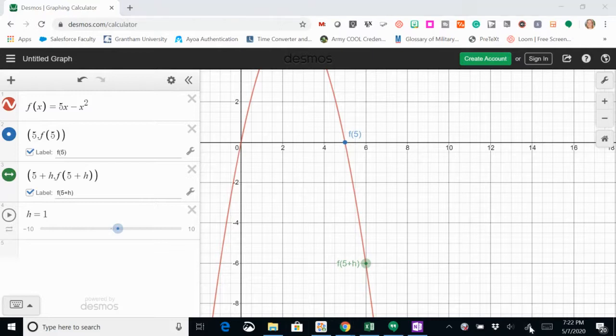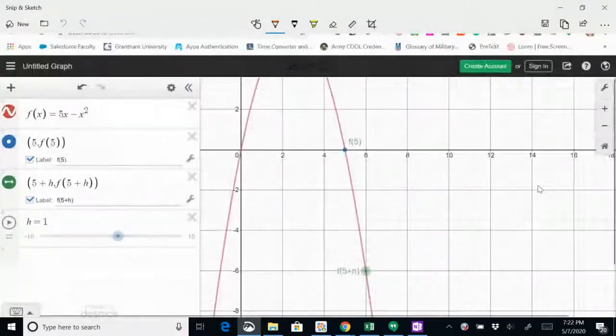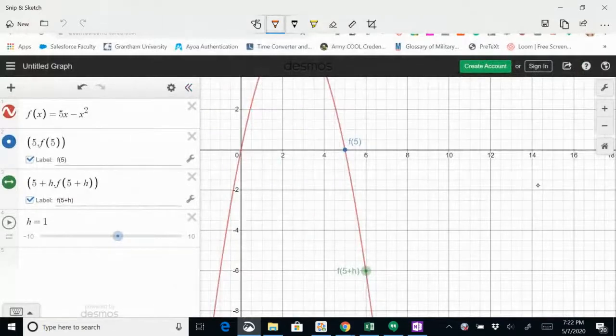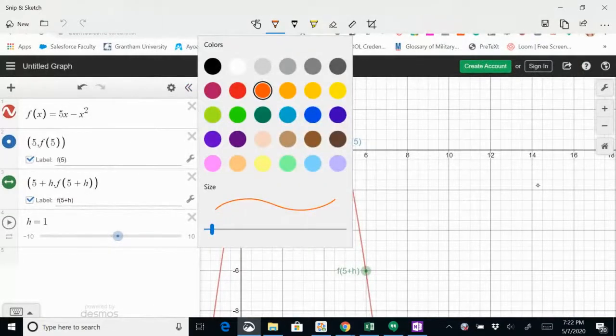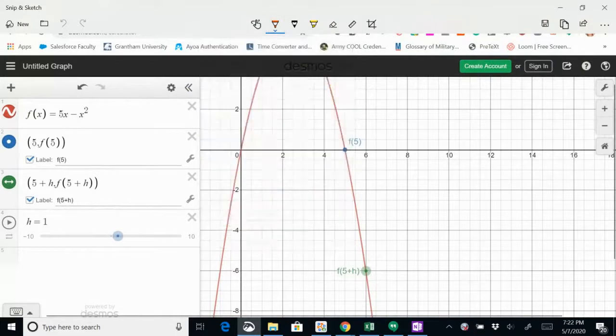So now I'm going to take a screenshot so I can draw on it. We know the slope is rise over run. In this case, the rise is actually a fall. We're going down and then over. So our change in y here, we started at 0, we went to 6, is negative 6.